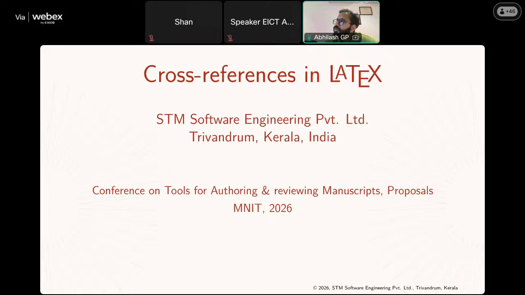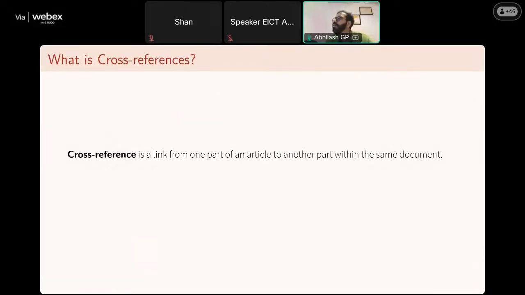For example, when we have a theorem, in the proof we can say that theorem 1 is stated, something like that in the text part. So we need to cross-refer, we need to cite the objects throughout the document. That is the cross-reference mechanism.